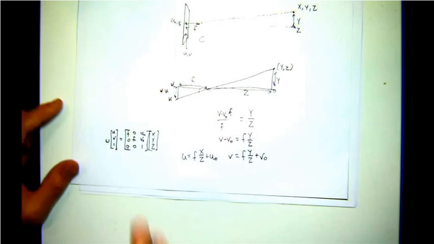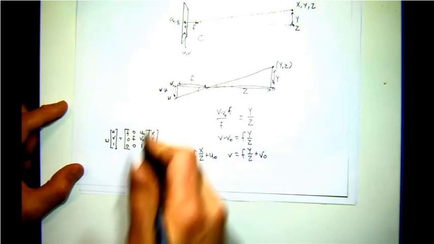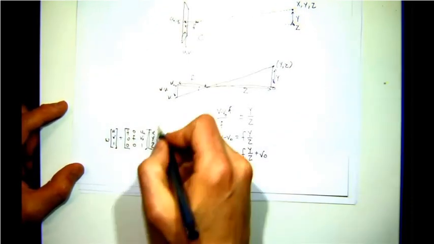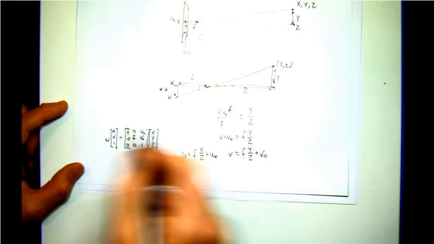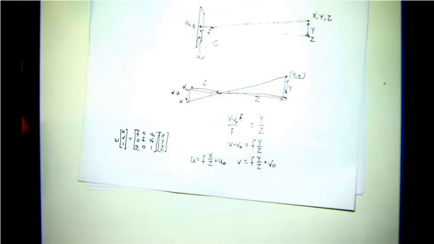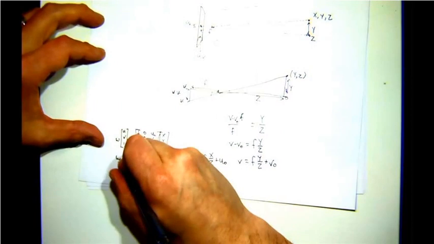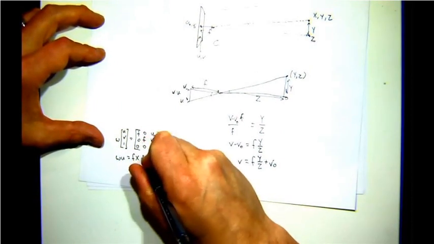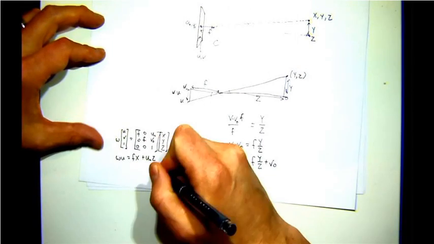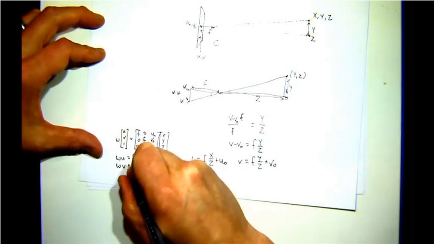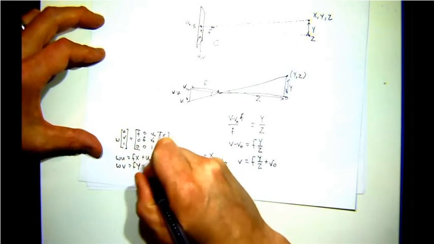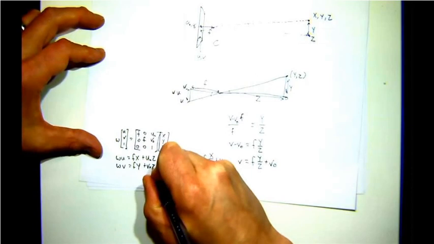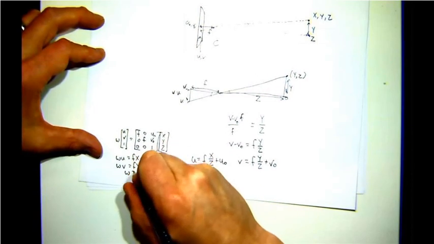So now I've got what here is my intrinsic matrix, which I'll walk through in more detail. But now if I multiply this out and then convert back to Cartesian coordinates, I've got here wu equals fx plus u naught z, wv equals fy plus v naught z, and w equals z.